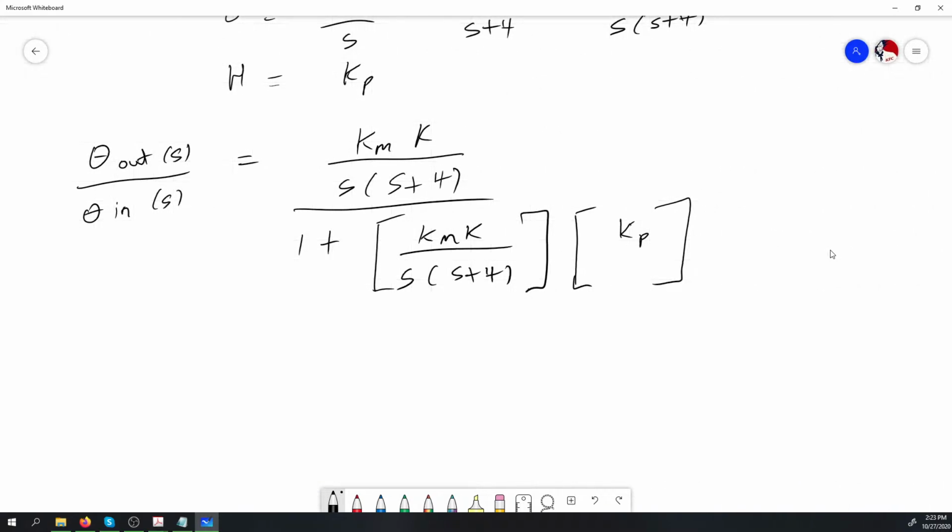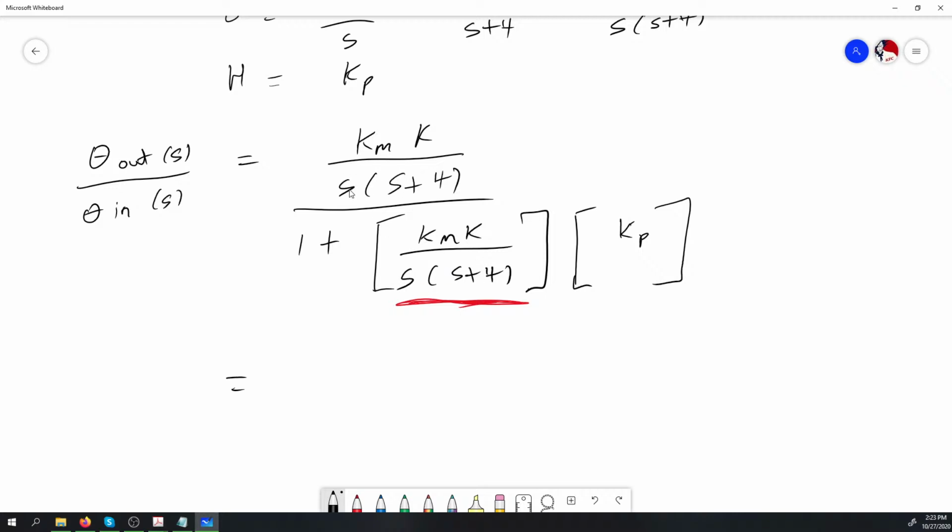Rectifying this into a proper fraction, we multiply the numerator and the denominator by S into S plus 4.